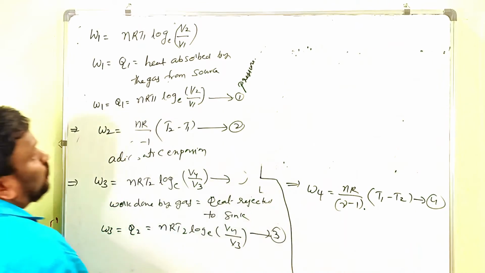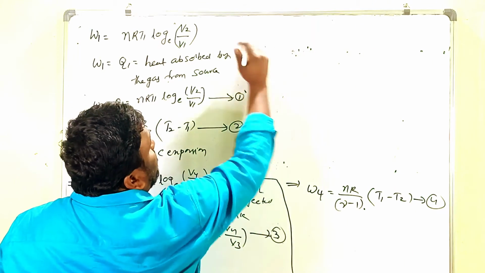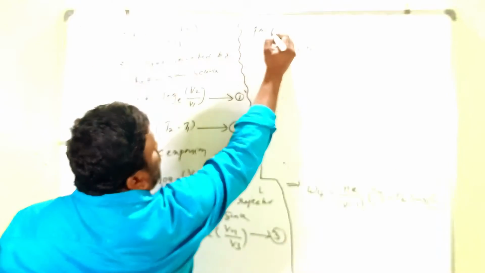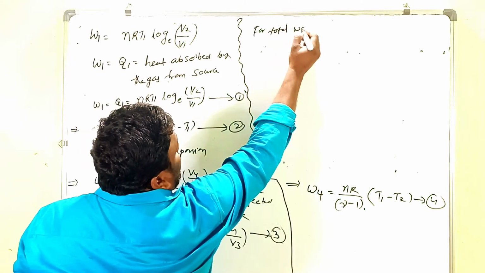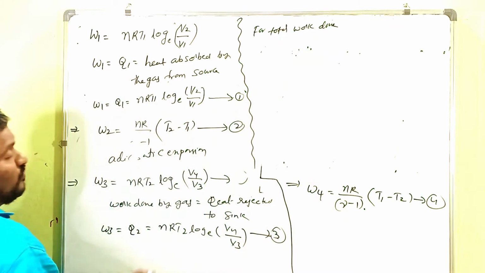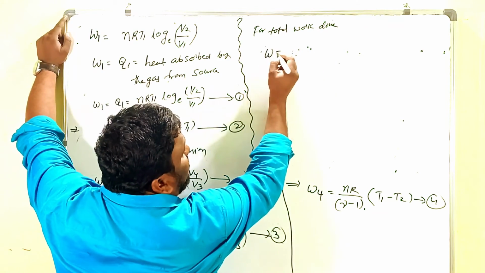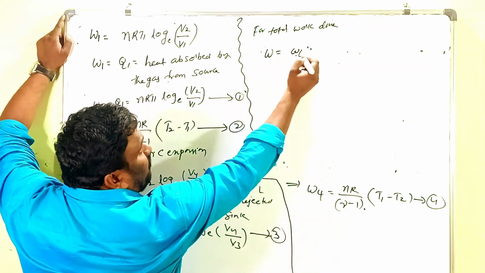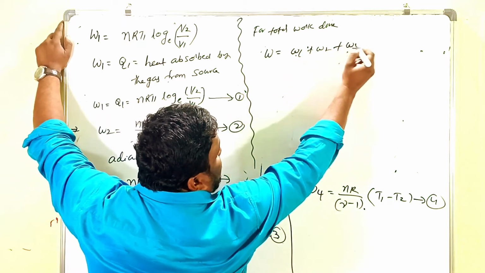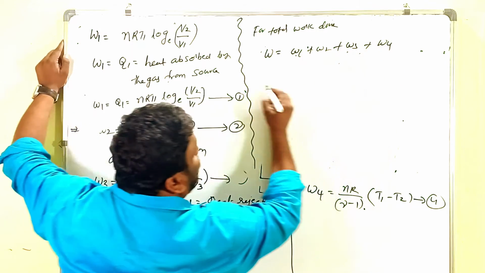So children, for total work done, we have to add the 4 equations. W equals W1 plus W2 plus W3 plus W4.